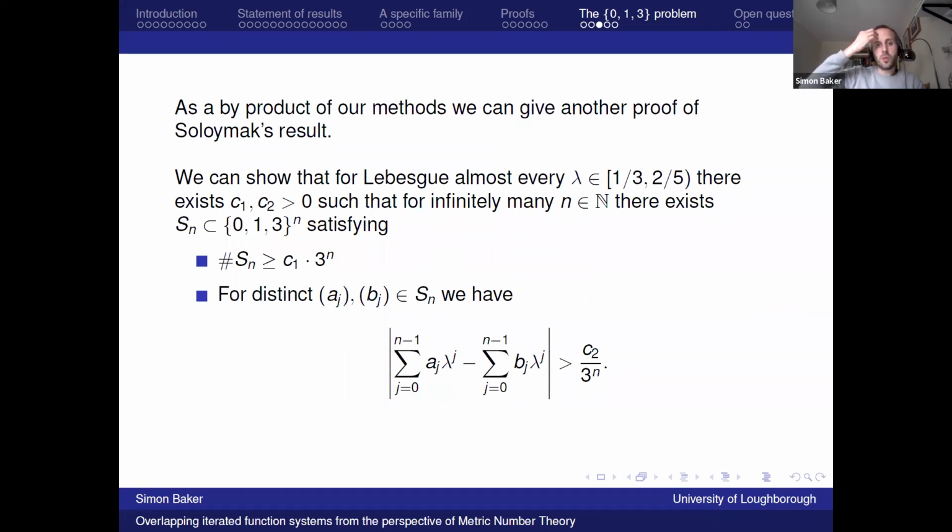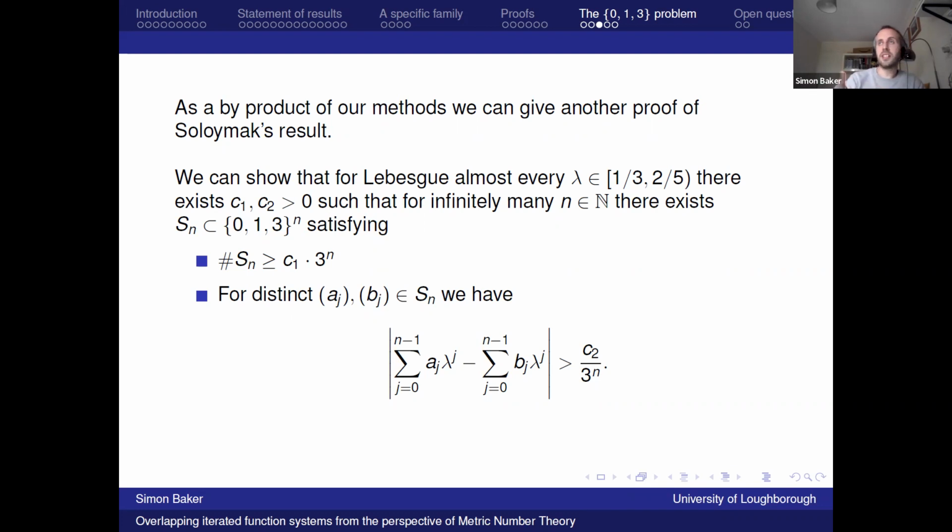We can show that for Lebesgue almost every lambda between a third and 2/5, there are going to be two constants such that for infinitely many n, we're going to have a large set of words, Sn, of cardinality of the order 3 to the n, such that all of the images are going to be separated by some constant C2 divided by 3 to the n.